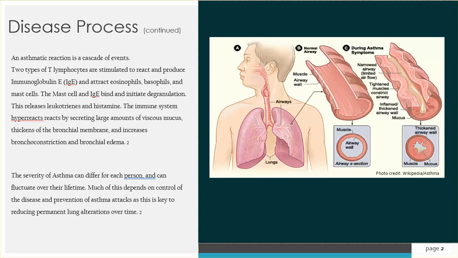It also is dependent on the control of the disease and prevention of asthma attacks, as this is the key to reducing permanent lung damage over a person's lifetime. And here off to the right, you can see the difference of a normal airway versus an asthmatic airway.